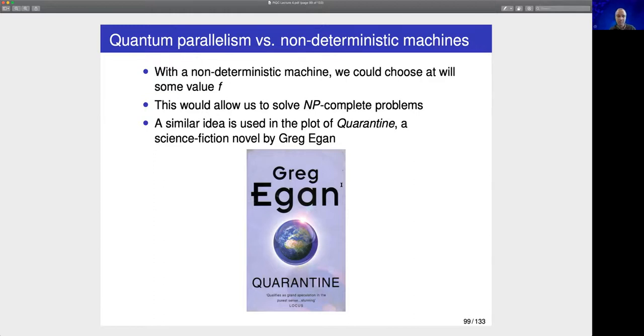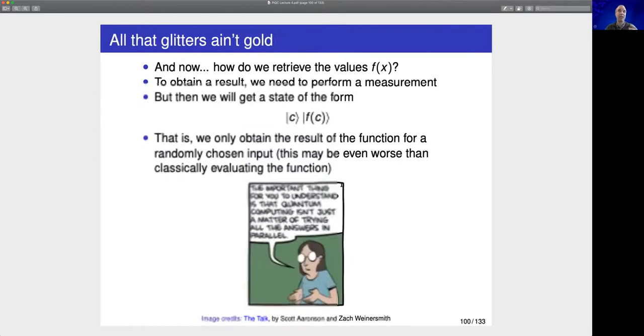And in the plot, a very interesting and convoluted plot, he uses this possibility of having a superposition of different quantum states and selecting one of them. I don't want to spoil too much about the plot in case you haven't read it, but it's related to this situation.